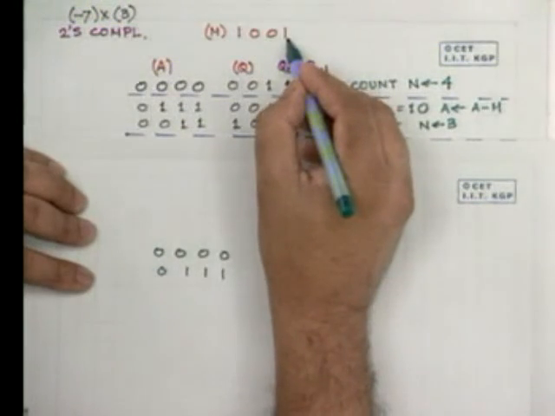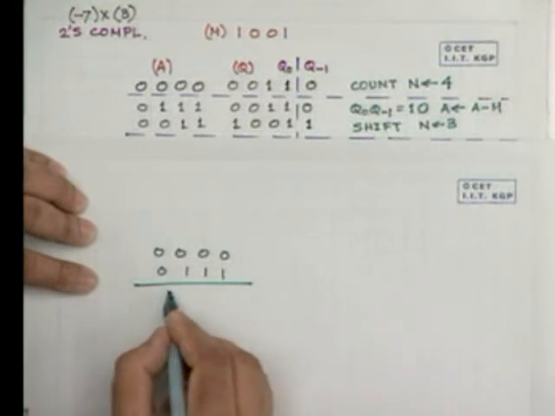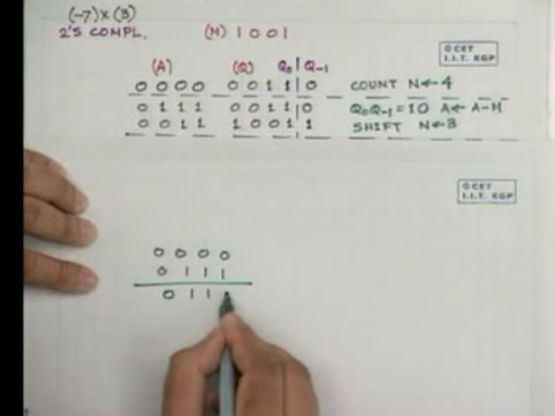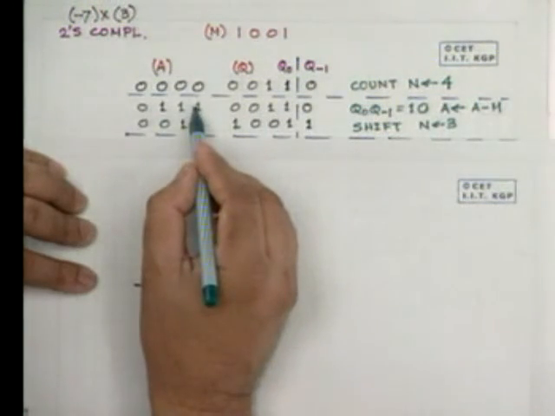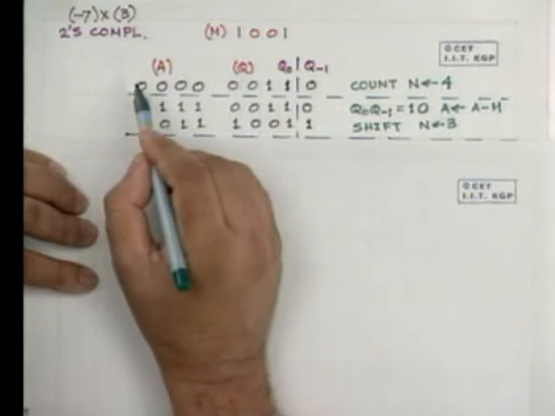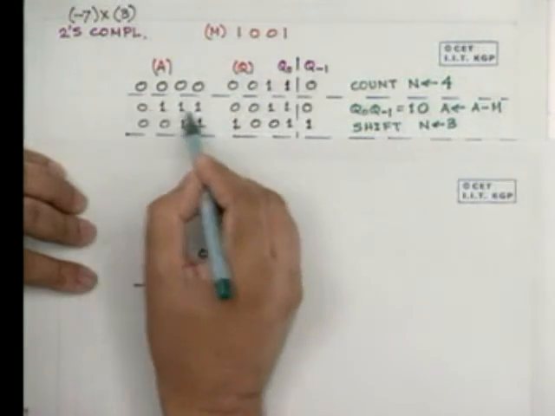We add, and we get 0 1 1 1 over here. Therefore A minus M is put into A.